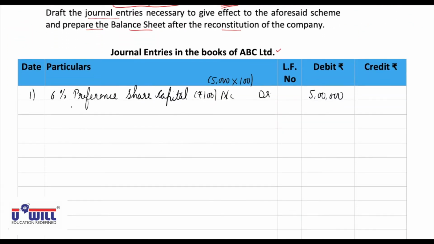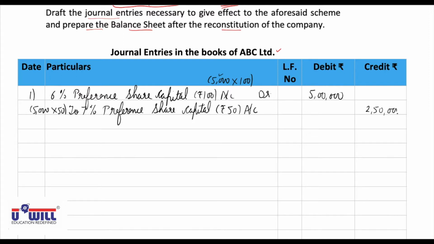So to 7%, from 6% they are converted to 7%. To 7% preference share capital with new face value rupees 50 account. An amount now, 5,000 shares remain the same, but from 100 they are reduced to 50. So the amount will become 5,000 into 50, that is 2,50,000.